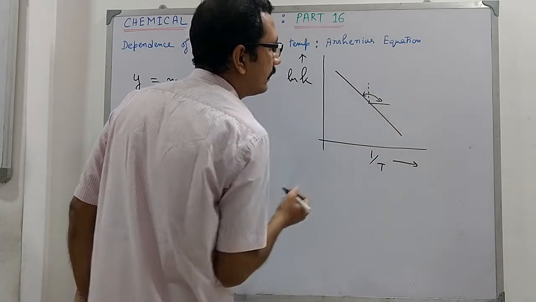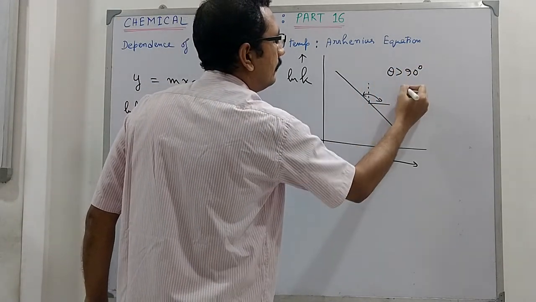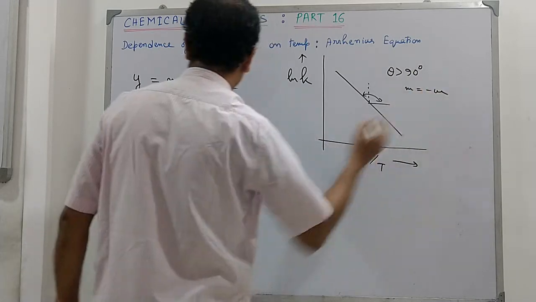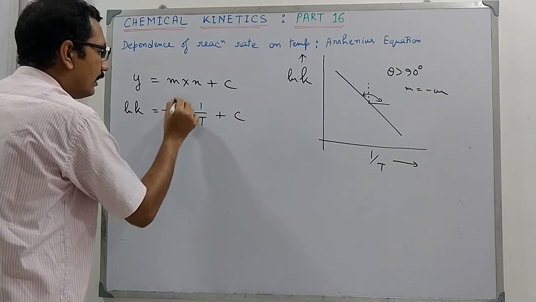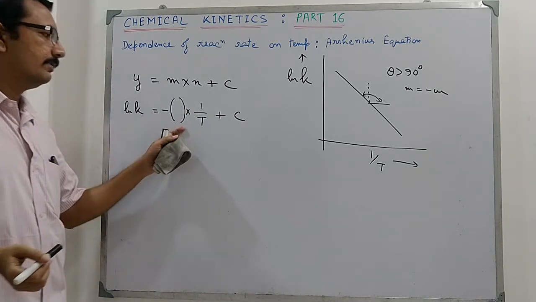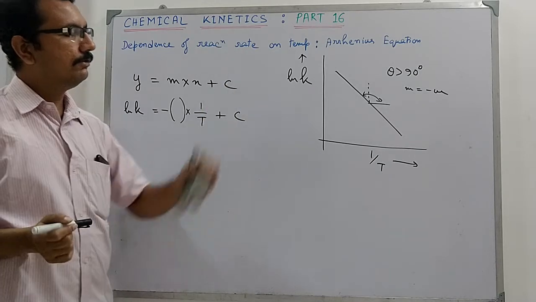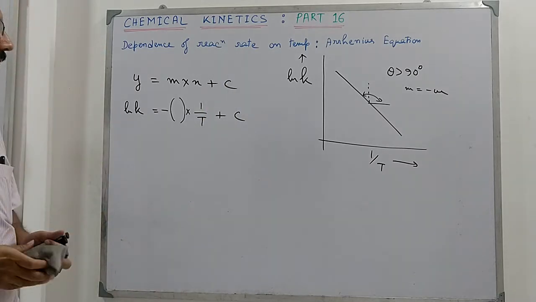This is 90 and it is greater than 90. So m will be negative. Now what about the other values? What is the value of the magnitude of the slope and what is the intercept? This he has to know.